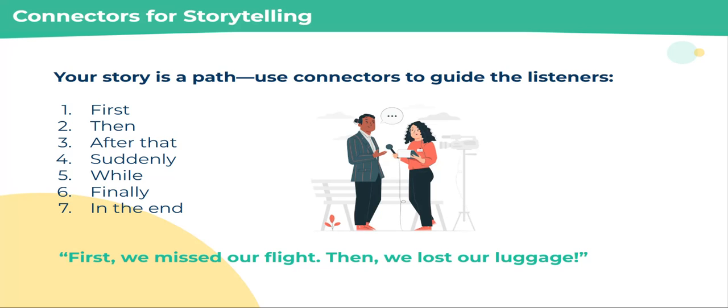And we have popular connectors in English, such as first, then, after that, suddenly, while, finally, in the end. For example, first we missed our flight, then we lost our luggage.